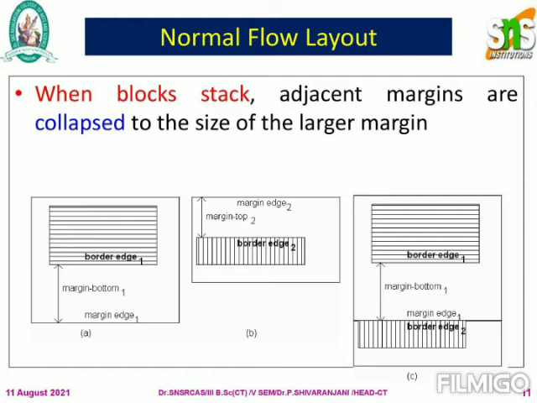So here you can see in the diagram that if you do not properly follow the size of a particular margin or a block or a layout, then one margin will collapse into another margin. Here in the diagram, you can see that you have set two margins, one is the bottom border of H1 and the other is the top border of H2. So this is one diagram and another diagram.